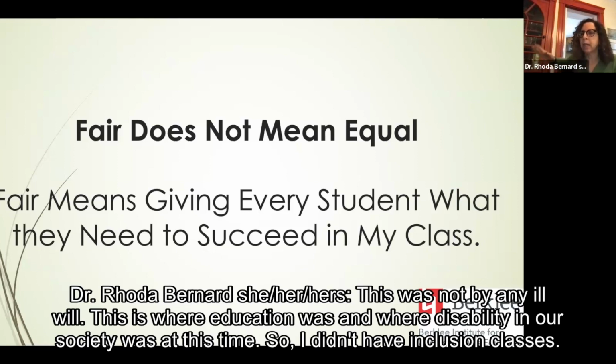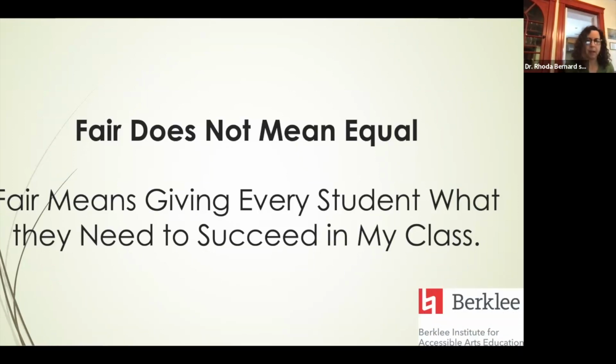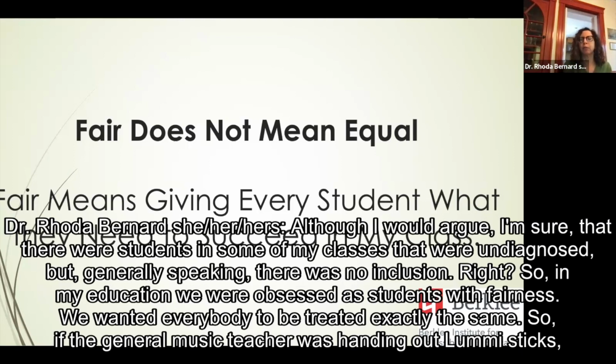This was not by any ill will. This is where education was and where disability in our society was at this time. So I didn't have inclusion classes. Although I would argue, I'm sure that there were students in some of my classes that were undiagnosed. But generally speaking, there was no inclusion, right? So in my education, we were obsessed as students with fairness.